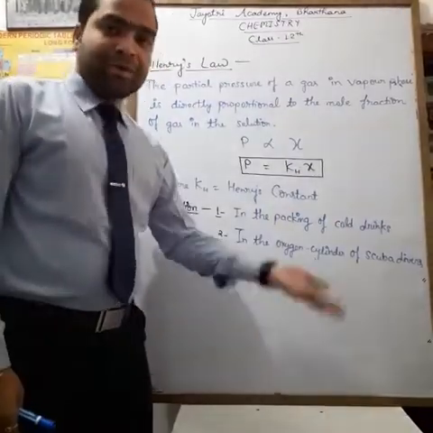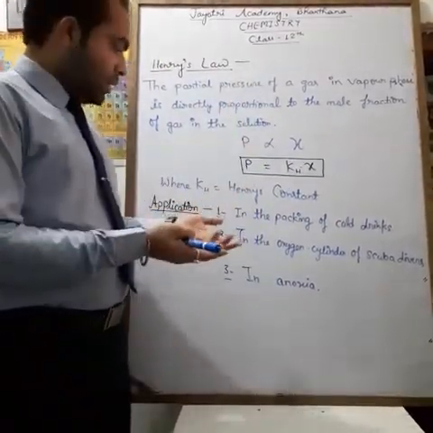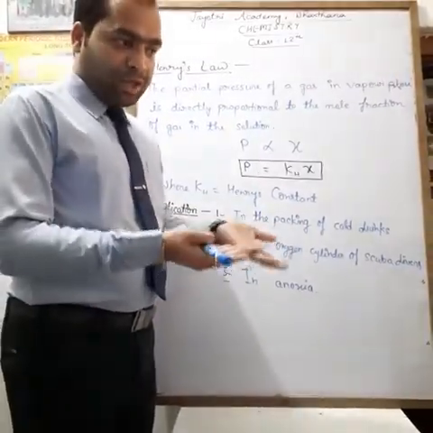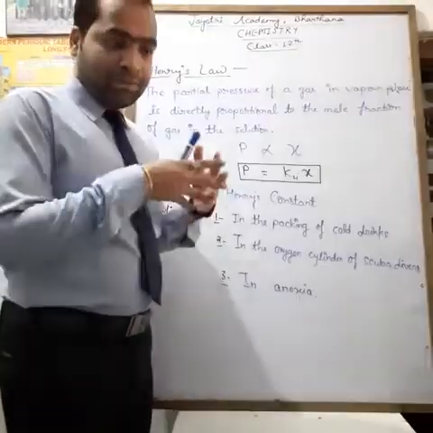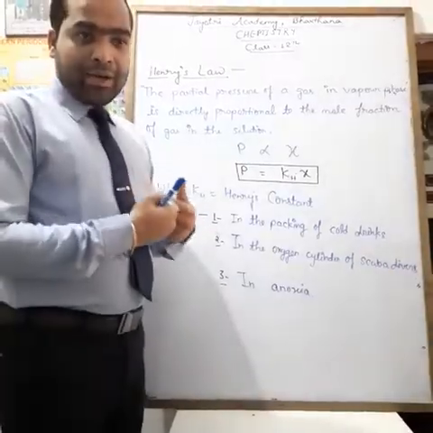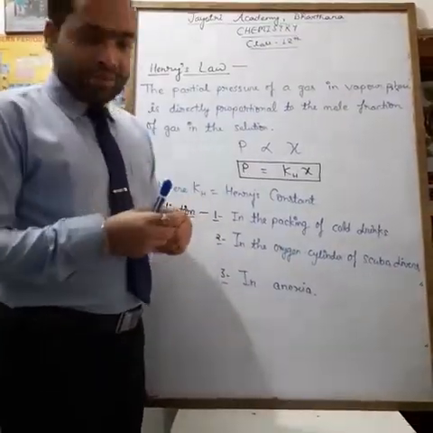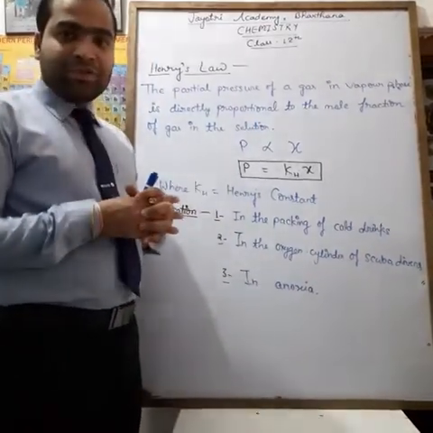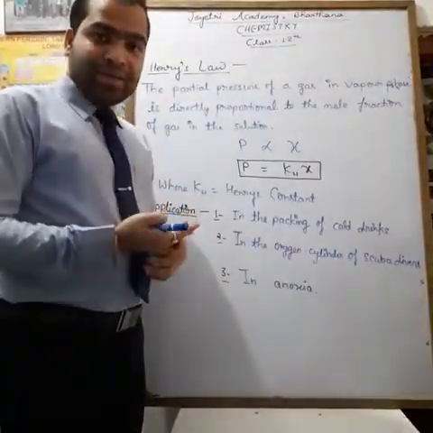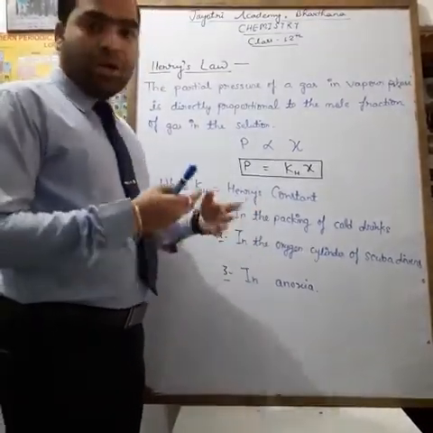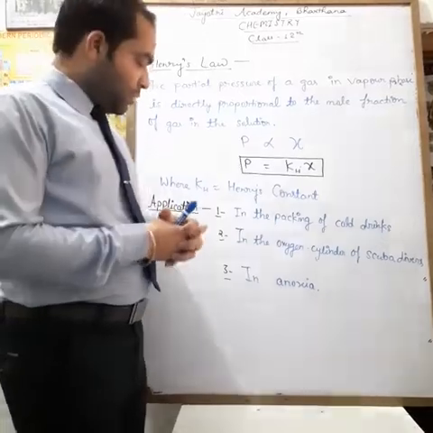And when the scuba diver comes out, the pressure suddenly decreases, and the nitrogen gas dissolved in the blood comes out immediately and develops blisters in the veins. That special condition is known as bends. So in order to prevent bends in scuba divers' bodies, we fill oxygen gas along with helium.